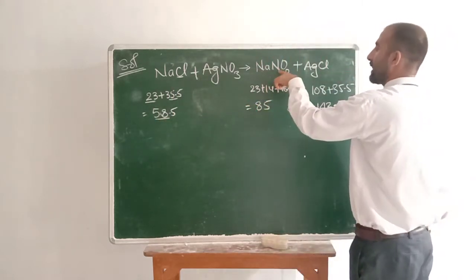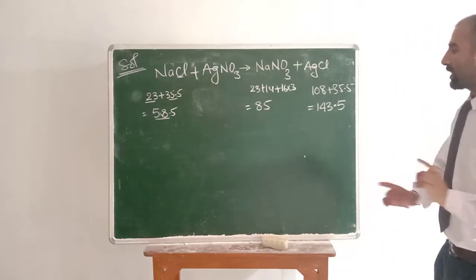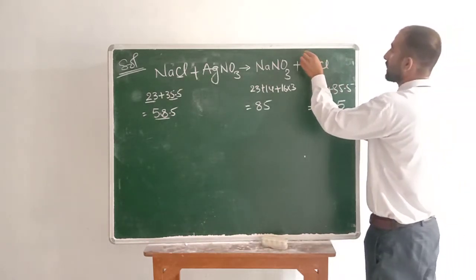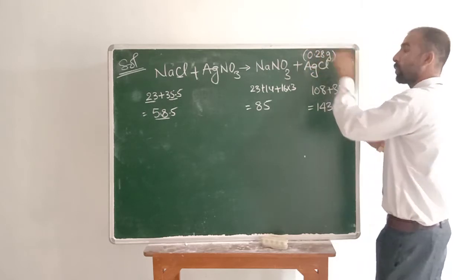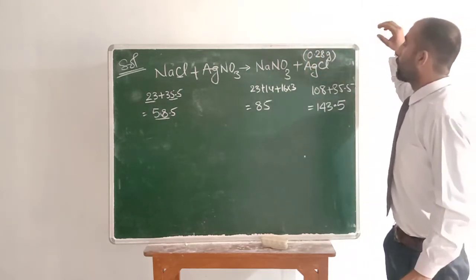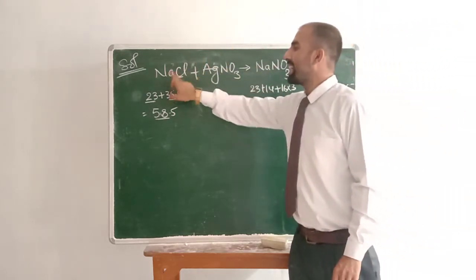Similarly I have taken out sodium nitrate and silver chloride. Now the question is, we are given 0.28 gram of silver chloride. To produce 0.28 gram of silver chloride, how much sodium chloride is needed?